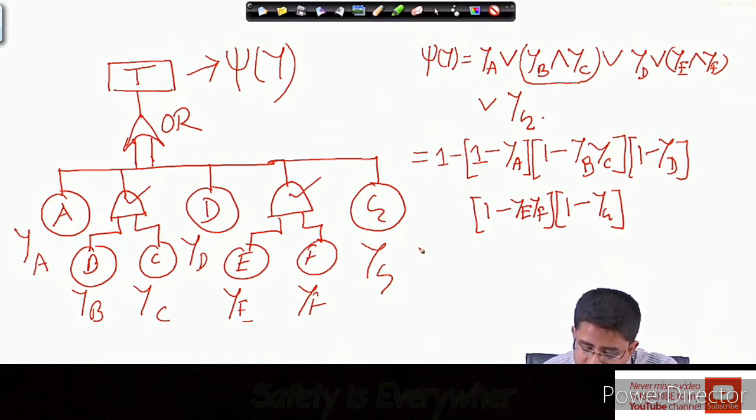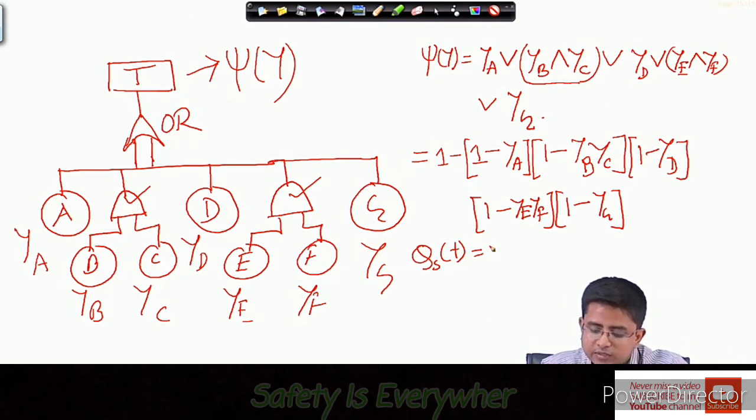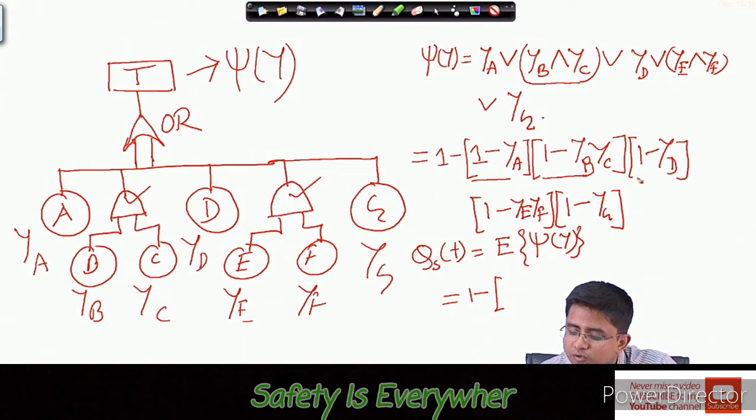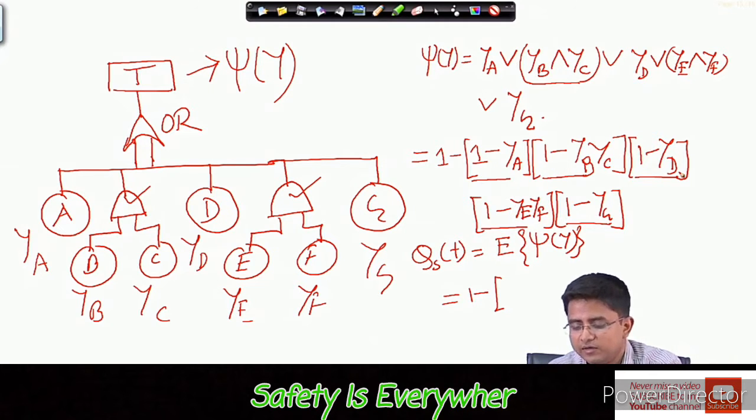Now, we want to calculate the unavailability. We know that unavailability is nothing but the expected value of the structure function. Using this formula we can write 1 minus, as all those inputs are independent in nature, since each event appears only once, not twice. That is why the terms 1 minus ya, yb yc, 1 minus yd are all independent.